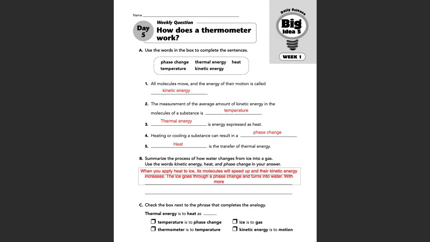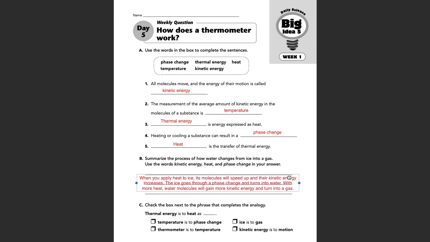With more energy, or with more heat, excuse me, water molecules will gain more energy, and they turn into gas. And that is how we would summarize how water changes from ice into gas.